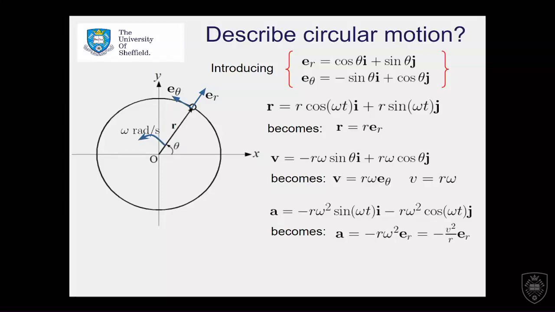You've just deduced it here. It comes out in two lines, really. You just differentiate the vector r twice, and you rewrite it in terms of e_r, and you can see that the acceleration points towards the origin. A lot of people learn that as if it's some sort of rule, but it's a few steps to deduce it from basic principles.